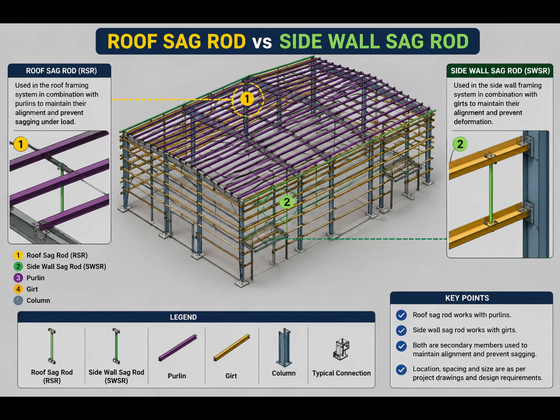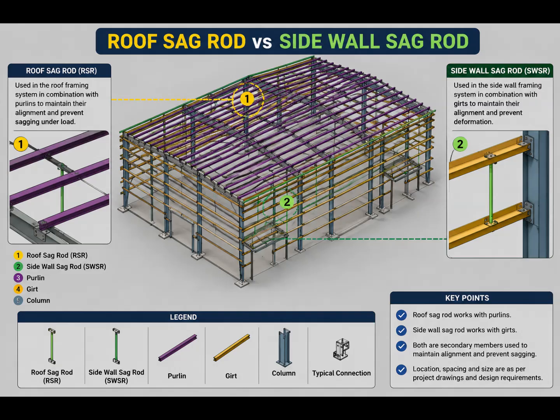Third, purpose within the framing system. The roof sag rod helps maintain the alignment of the roof purlin arrangement and helps prevent sagging under load. The side wall sag rod helps maintain the alignment of the wall girt arrangement and helps prevent deformation.